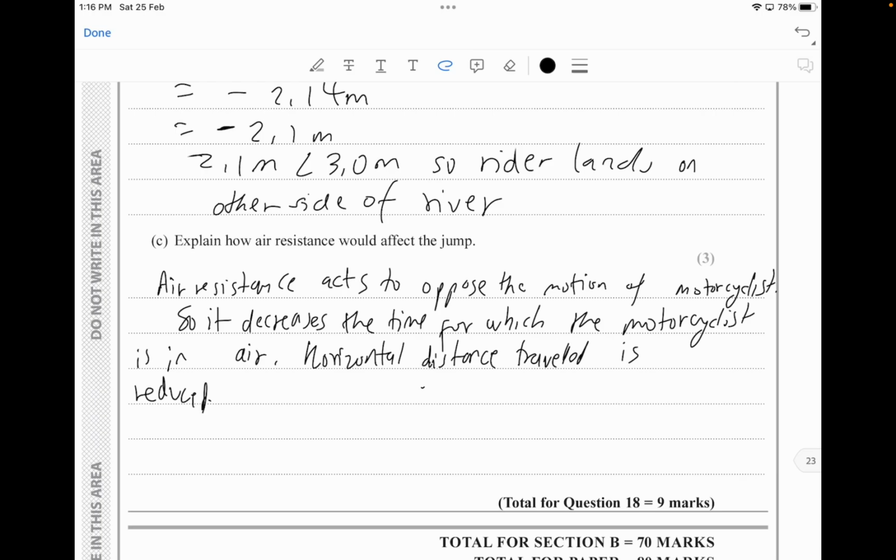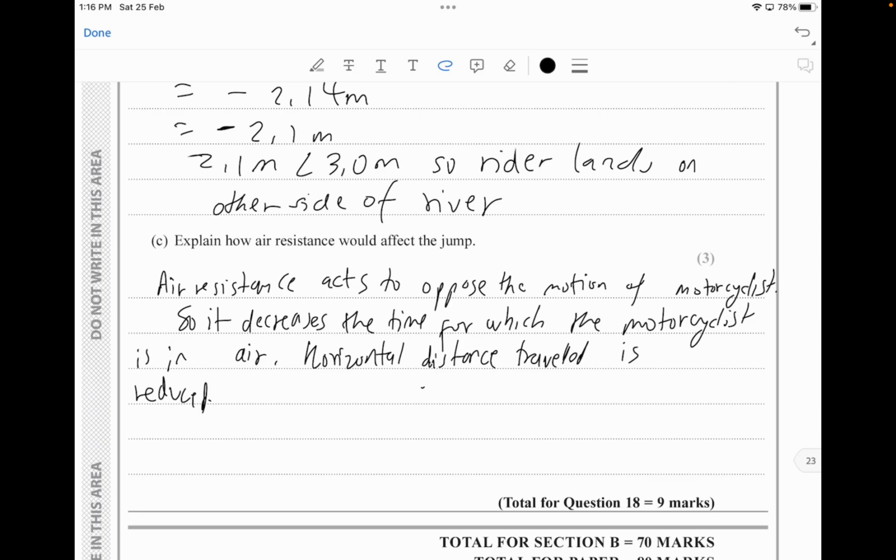In order to answer that, we have written down all the 3 points. You can just mention that the air resistance acts to oppose the motion of the motorcyclist. So indirectly, this decreases the time for which the motorcyclist is in the air. Or you can mention that there's a deceleration in the horizontal direction, or speed in the horizontal direction is reduced. And you can also mention that the maximum height reached by the motorcyclist is reduced. And the final point for 3 marks is that the horizontal distance traveled is reduced indirectly.